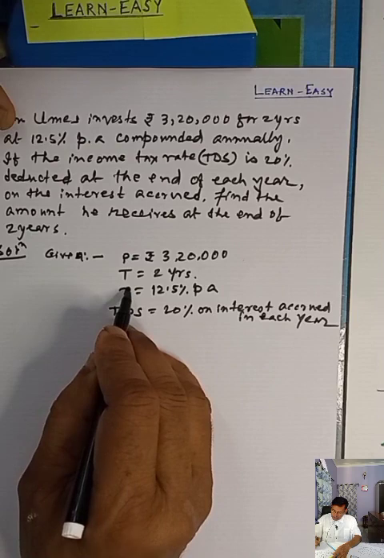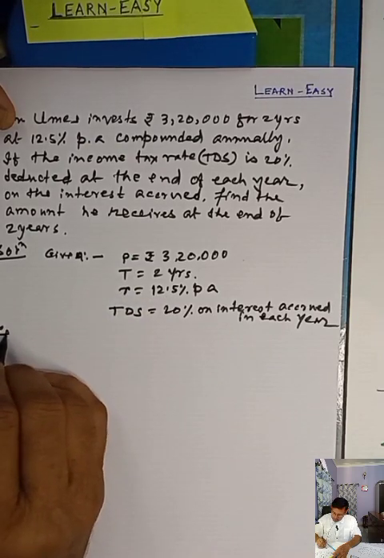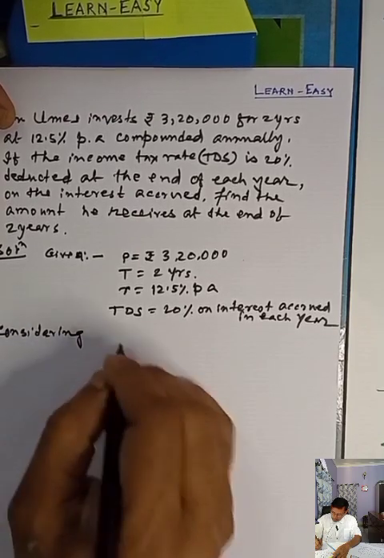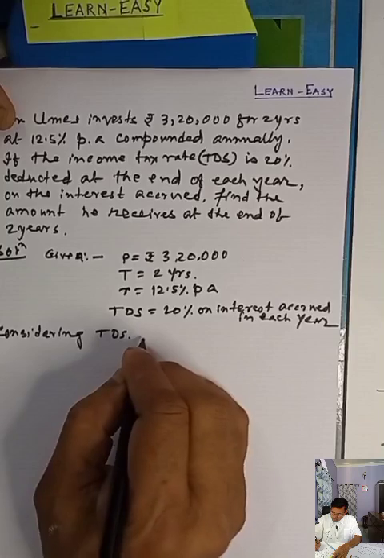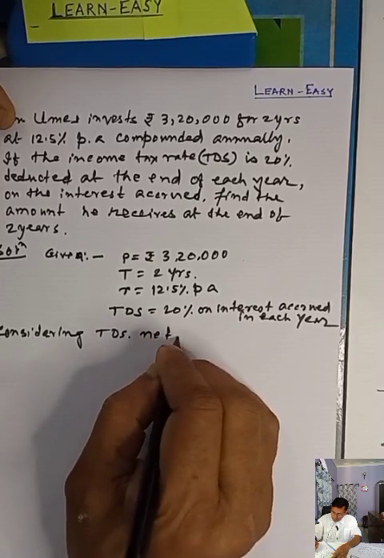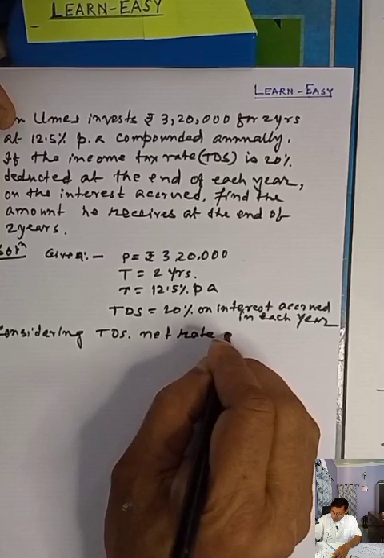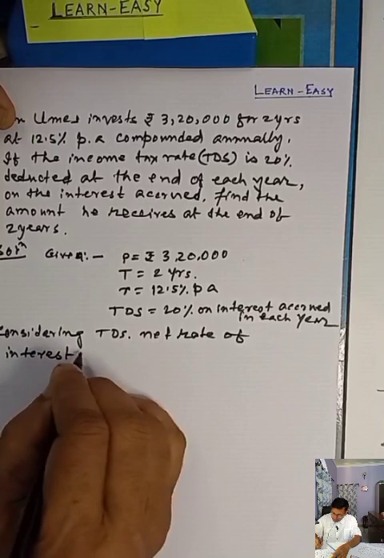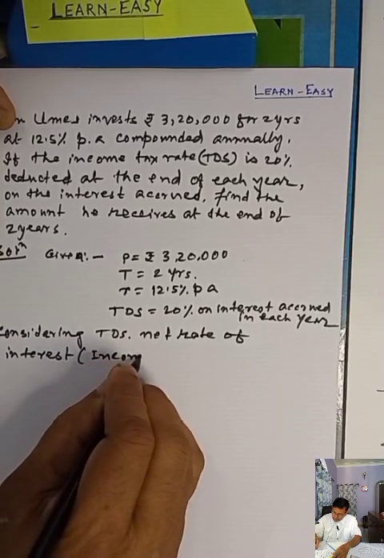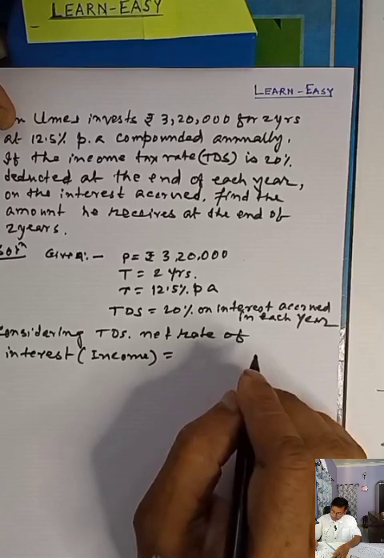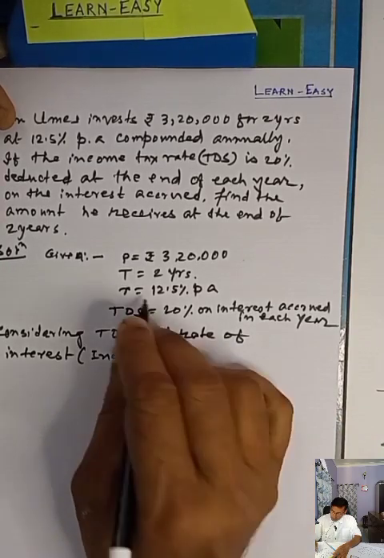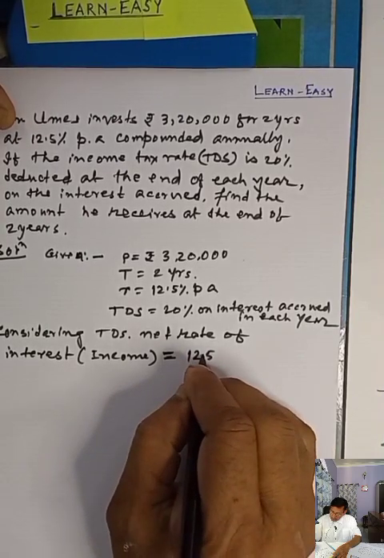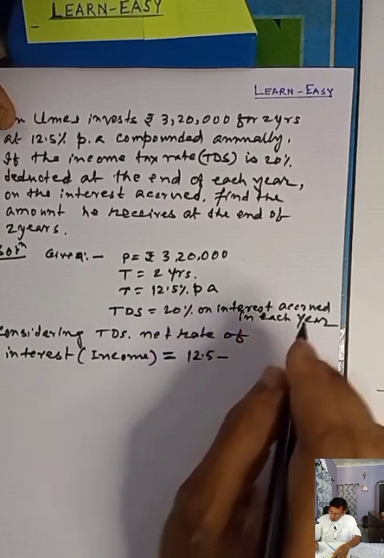Rate of interest here is 12.5%, but considering TDS, net rate of interest or income will be this R, 12.5% minus TDS 20% on R.